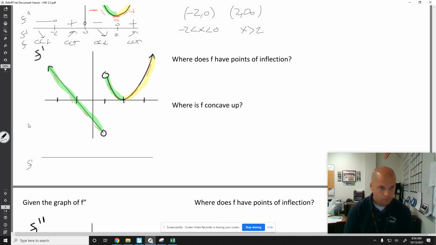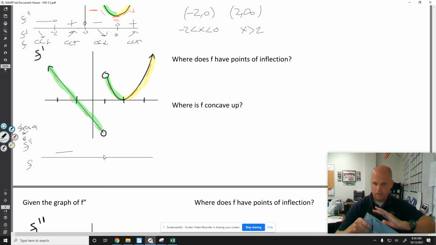So, f double prime, slopes of f prime, are negative until this point where there is no slope. It is this open circle. It's a jump. There is not a tangent slope at the location of a jump. So the slope of f double prime, that's undefined.